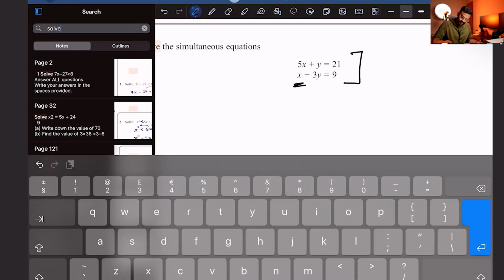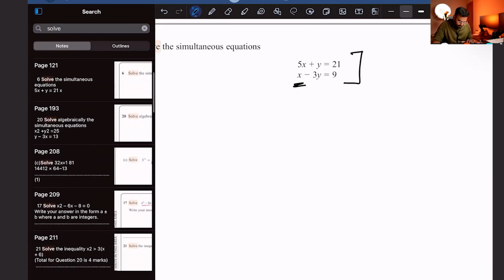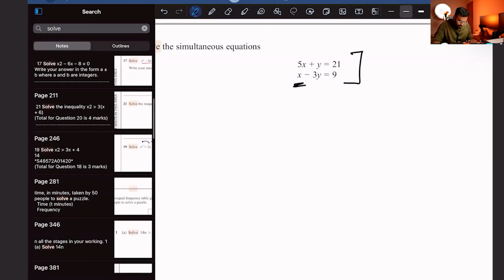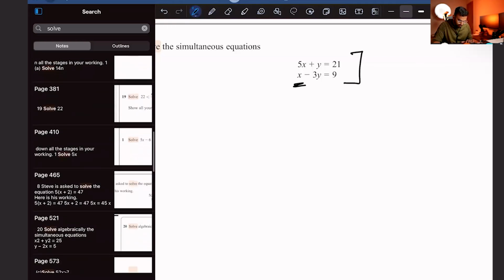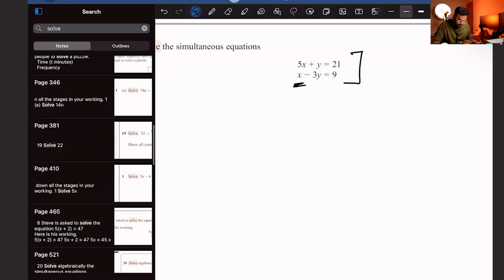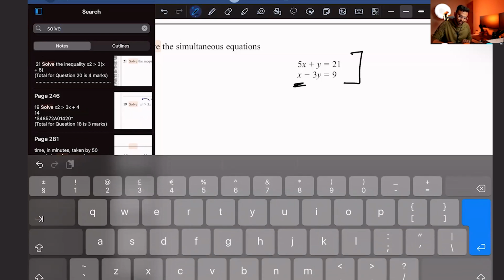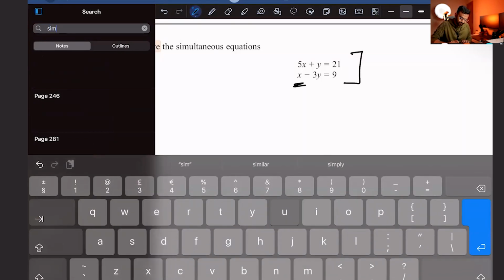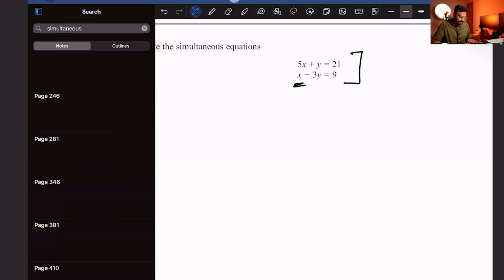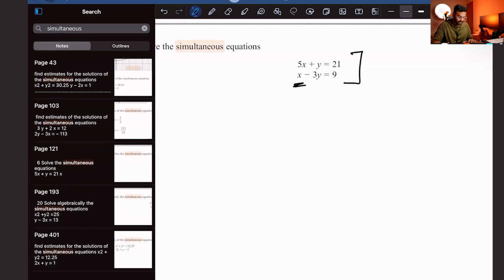There are even further solves, but instead of solve, I'm going to type in simultaneous. The app is just taking its time to show me the questions, guys. But do you see all these pages have simultaneous equations in there?